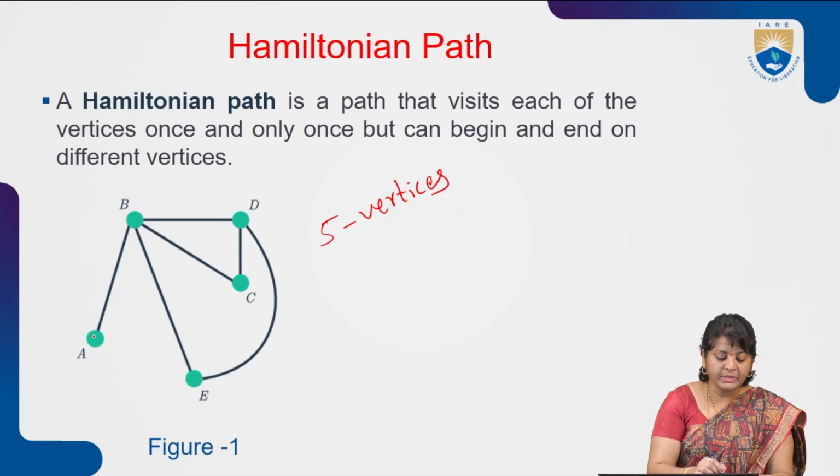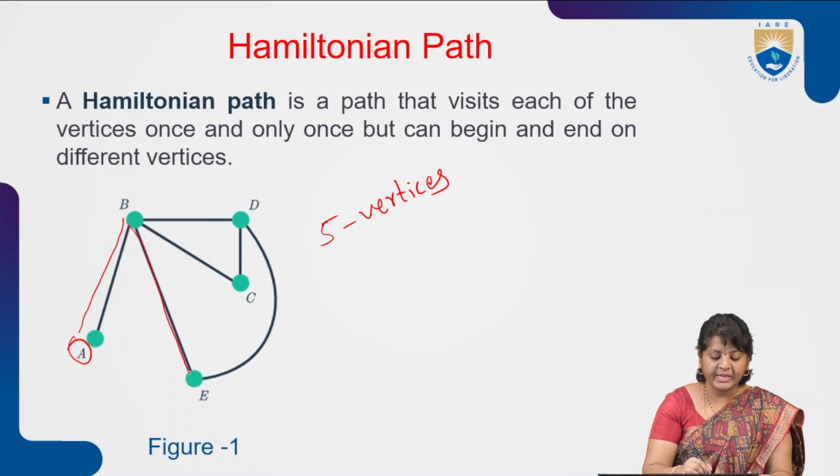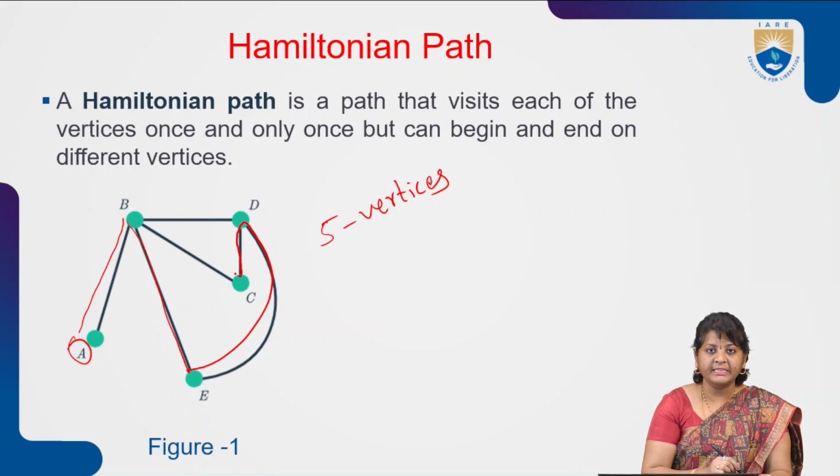So now I'm going to start at vertex A. I'm going to travel through B, then to E, then to D, and then to C. Here, the vertex should not repeat as per the definition.